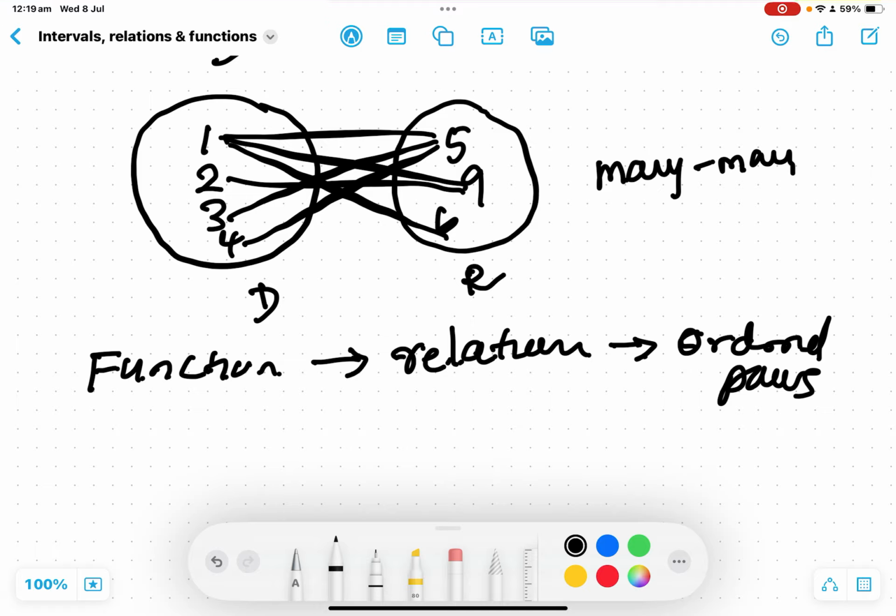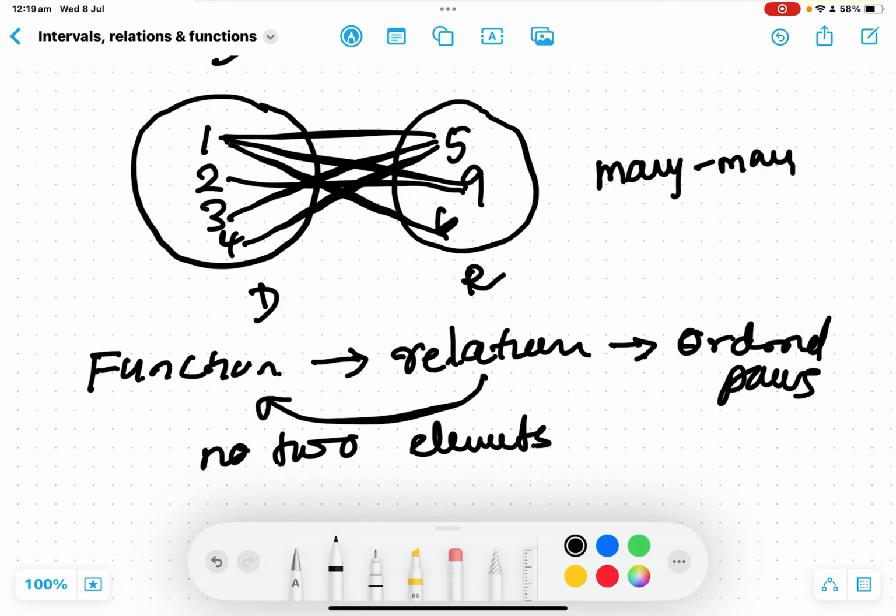And the condition for a relation to become a function is, no two elements in the range can have one element in the domain.